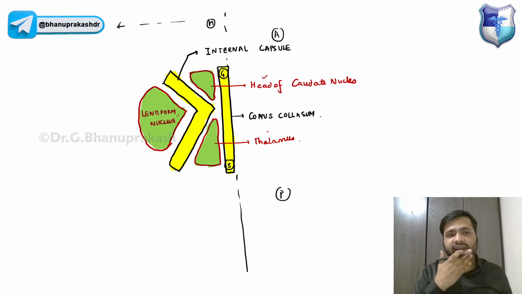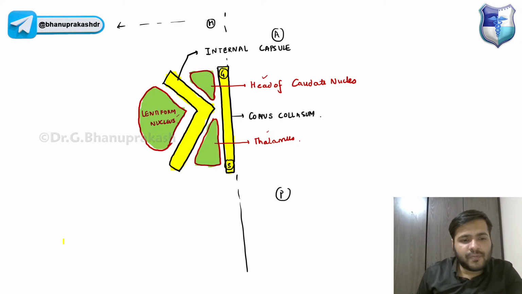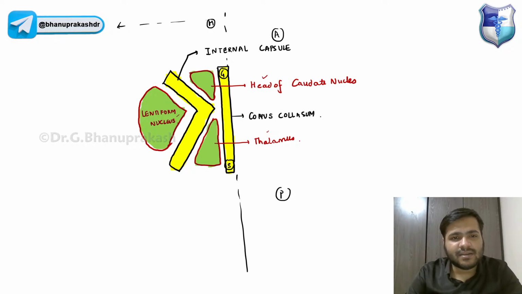Now, most lateral in this section, you will be watching, there is a hidden lobe over here. But before that lobe, just try to appreciate another piece of thin gray matter which is lateral to the lentiform nucleus.